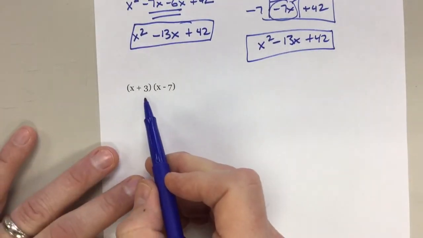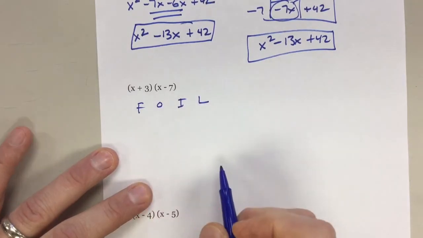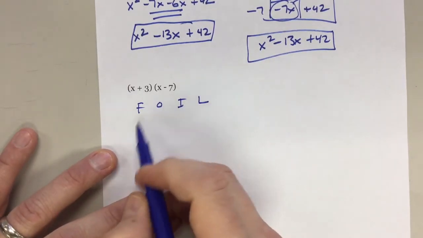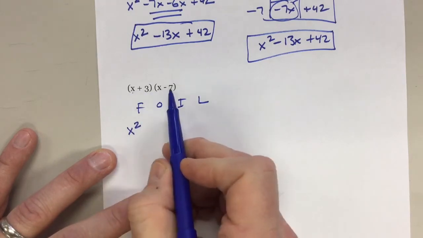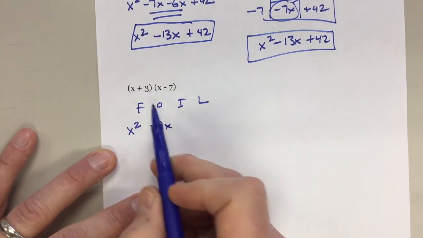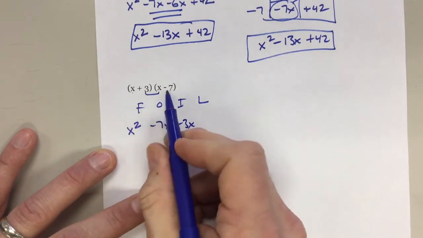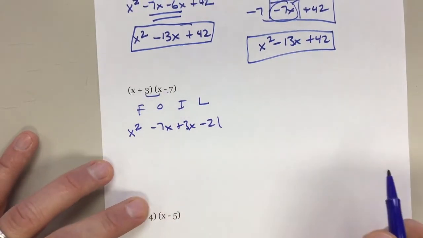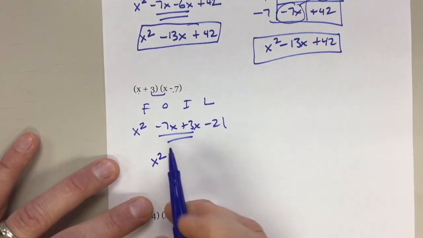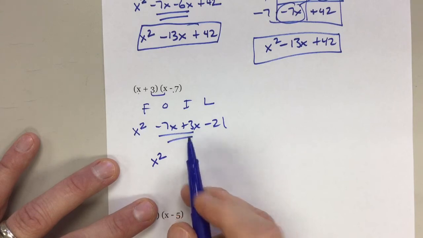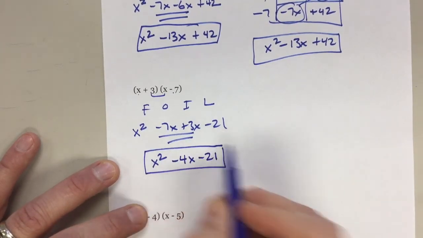Here's another example where one's positive, one's negative. So F, first, would be x squared. Outside is the x and negative 7. Inside is 3 and x. Last is negative 3 times negative 7. Like terms in the middle. Negative 7 plus 3 is negative 4x, minus 21.